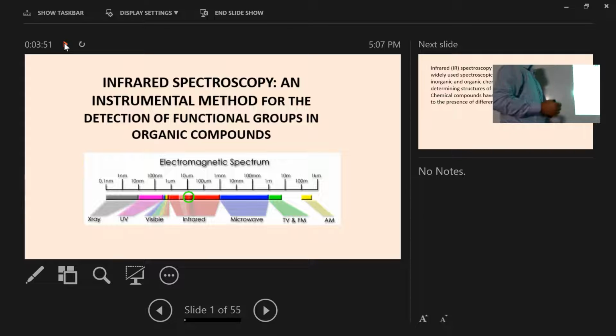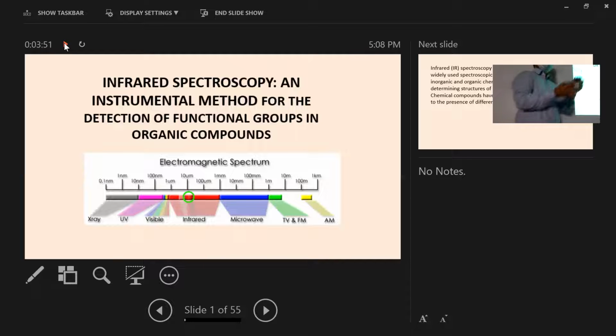If you give a huge amount of energy, this is maybe considered the ground state, and this is the first excited state. So if you have a molecule here, you can give some energy in the UV range, so it can absorb that energy and jump to the higher excited state.